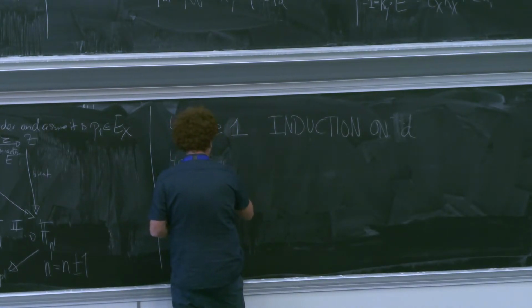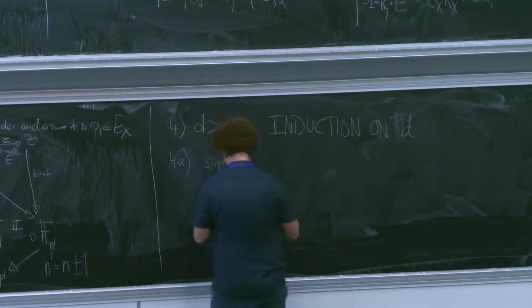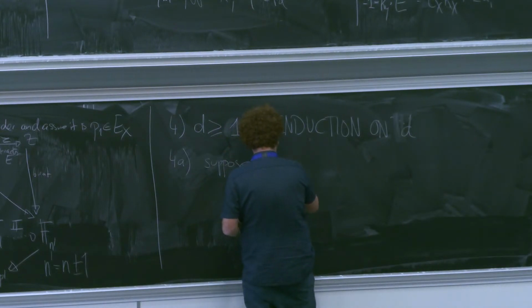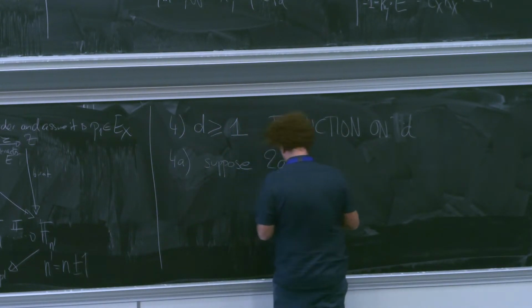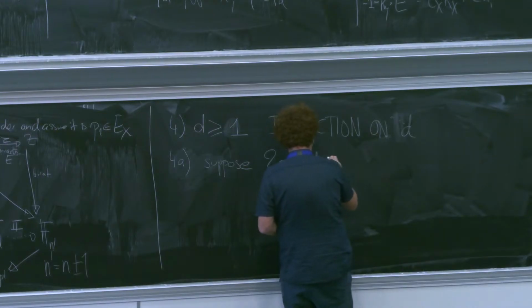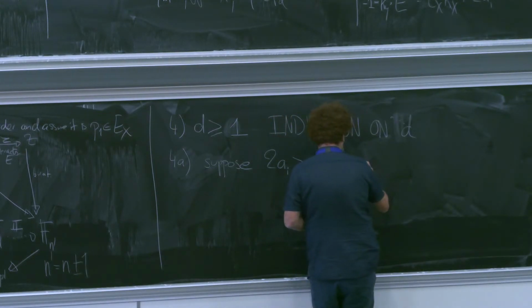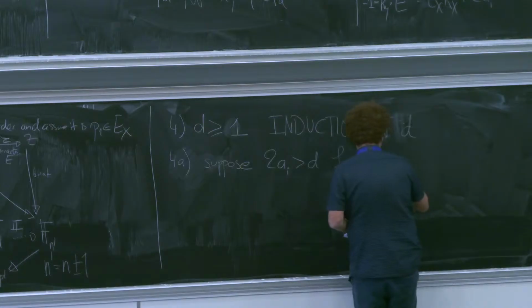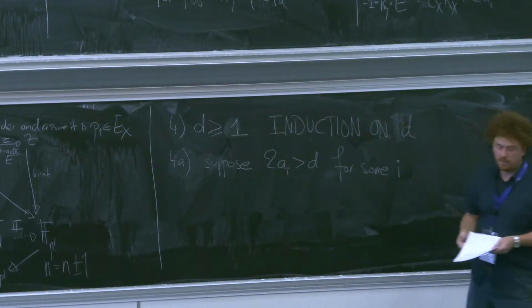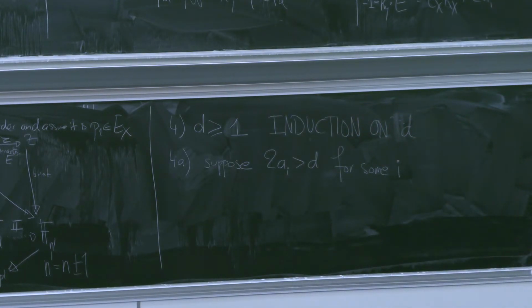Okay, subcase, maybe. Suppose 2a_i is bigger than d for some i. So in the classical terms, it's a maximal multiplicity. For the circuit of links, you have a point whose multiplicity is large with respect to the degree.